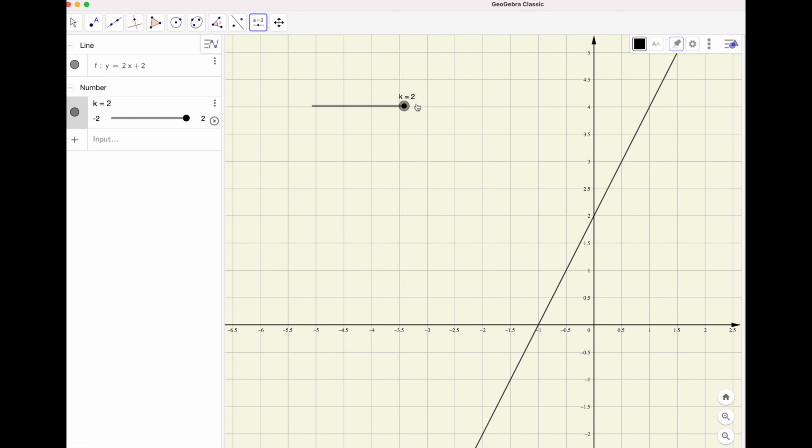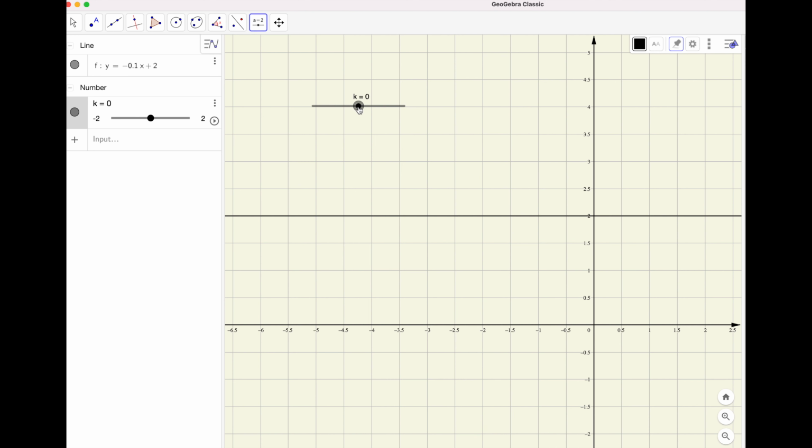Okay, by the way, there is a good exercise. Do you think that I can make this K bigger so that this becomes vertical? Because it seems, you see, let me start with 0. This is horizontal. Could you predict that? When K is equal to 0, it means that the K value is 0, so that's a horizontal line.